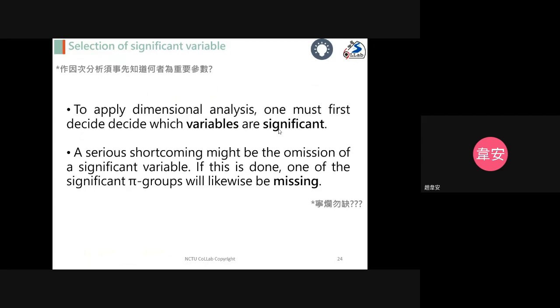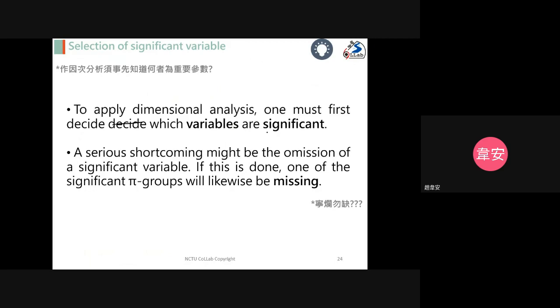And then one thing is very important, which is the selection of the significant variables. To apply the dimensional analysis, one must first decide which variables are significant.